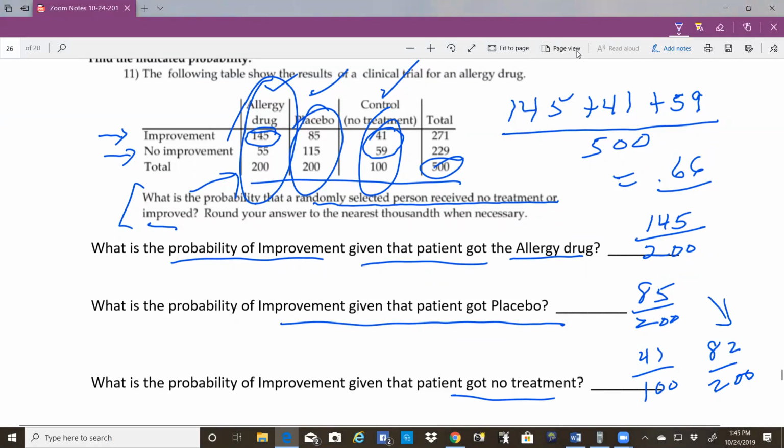I don't know whether this is realistic, that the ones that got a placebo had the same improvement as those who got no treatment. So maybe that makes sense, okay? But notice, it looks like the drug works because 145 out of 200 got an improvement if they actually got the allergy drug.